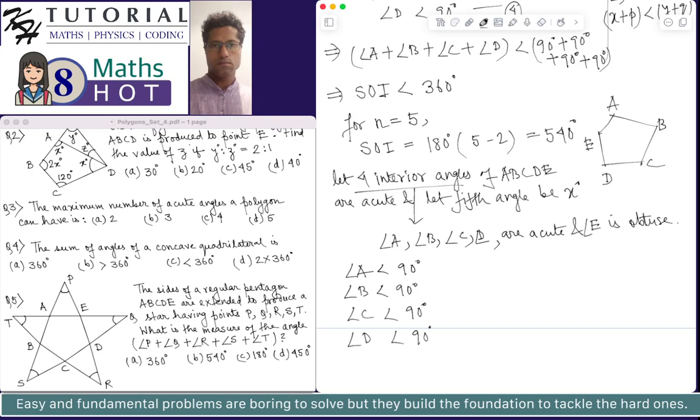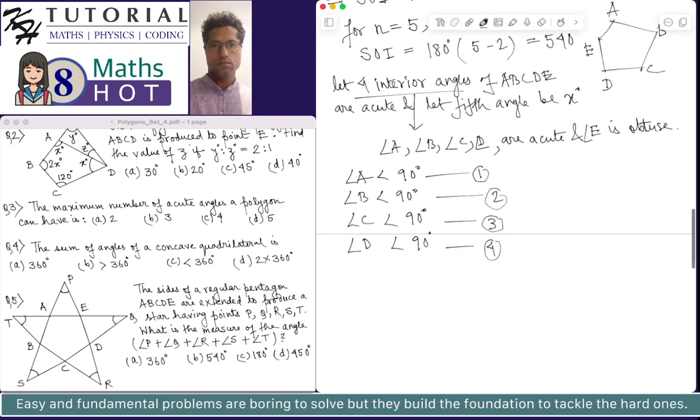Now, just like before, if we add up all these four results, in the inequality, something less than something, I am adding up all the LHS. So the sum of the LHS will be less than the sum of the RHS.